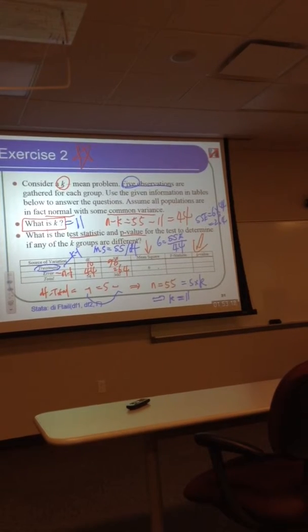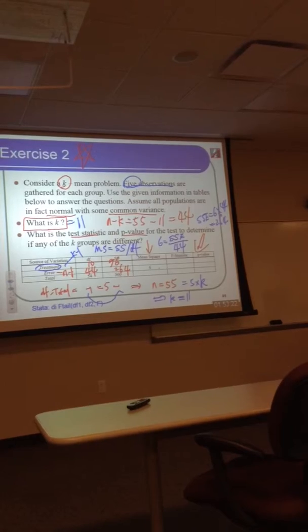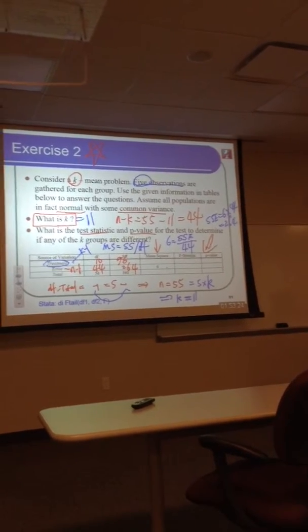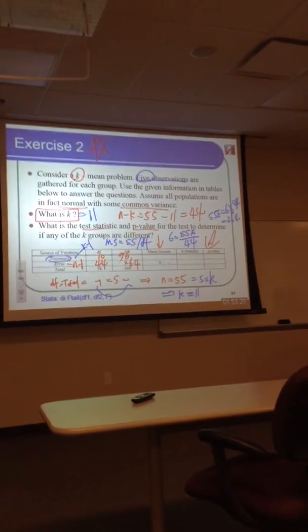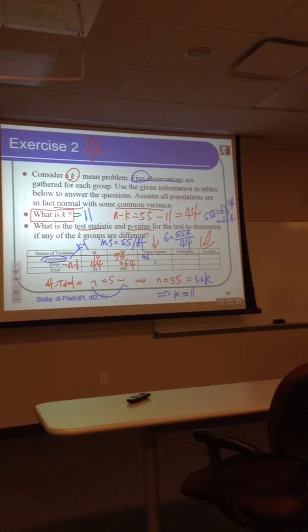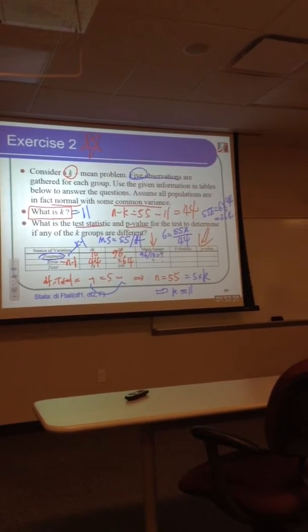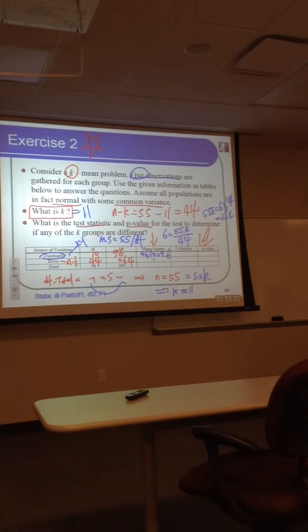Now the mean square for the treatment column equals 96 divided by 10, which equals 9.6.